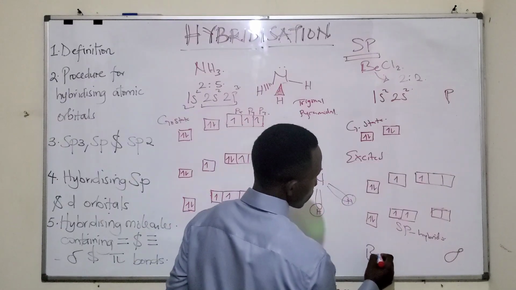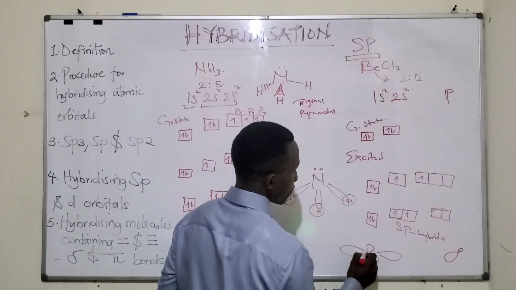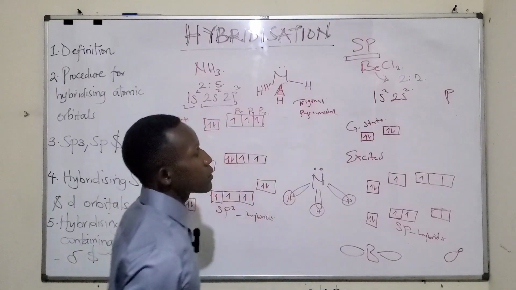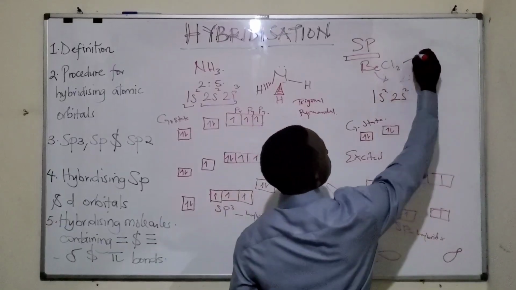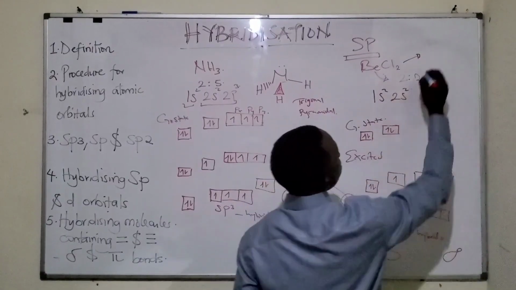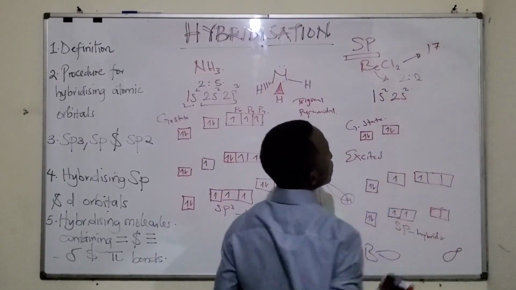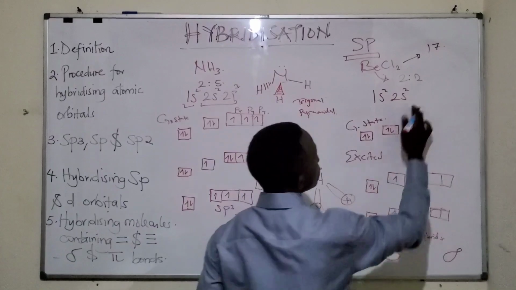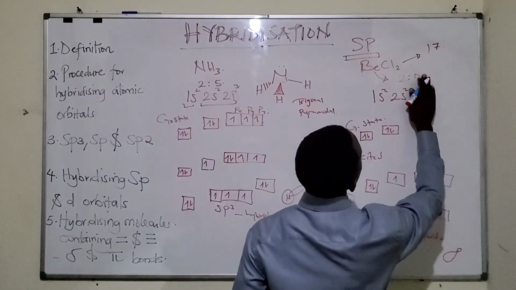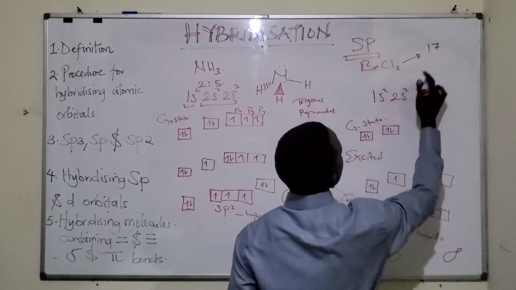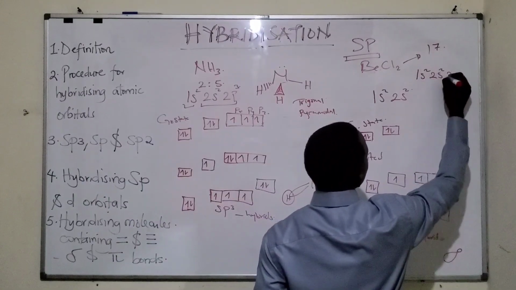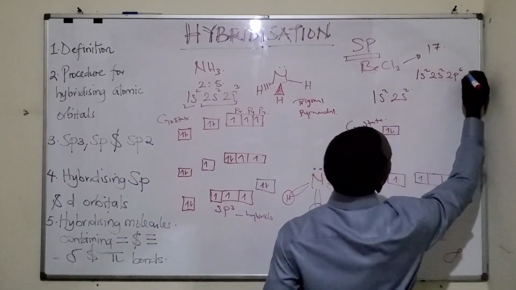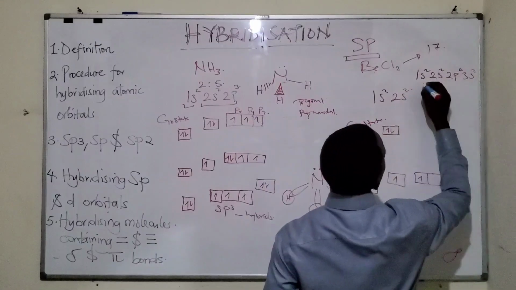with 2 hybrids, the hybrid electrons. Then chlorine. Chlorine, its atomic number is 17, meaning that its electron configuration we shall have 1s2, 2s2, 2p6, 3s2, 3p5.